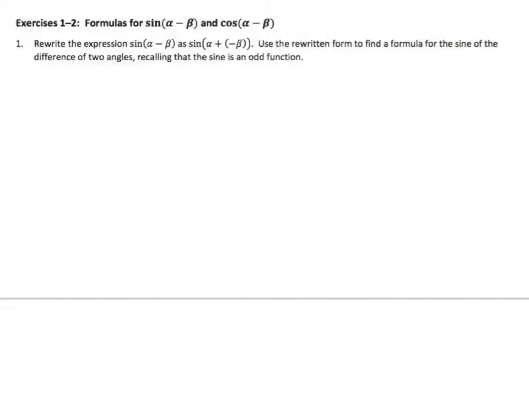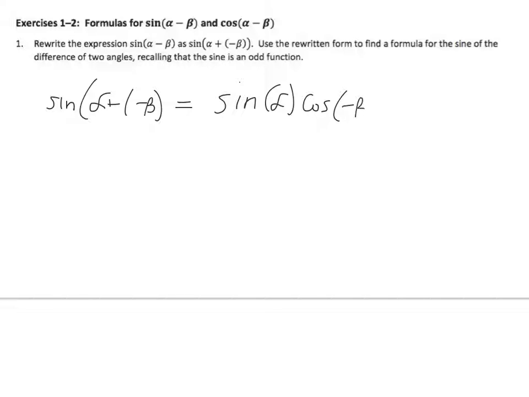Okay, so let's go ahead and try it. Let's do sine of alpha plus a negative beta equals, I'm just using the formulas that we just discovered, sine of alpha cosine of negative beta plus cosine of alpha sine of negative beta.